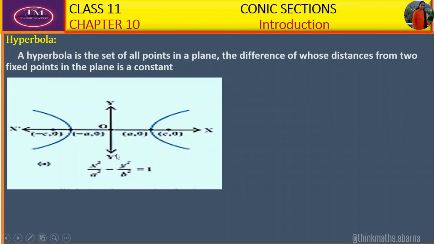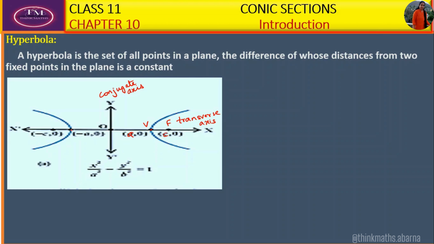In hyperbola, you have the x-axis and y-axis. This x-axis is called the transverse axis, and the y-axis is called the conjugate axis. This point is the vertex a comma 0, and this is the focus at c comma 0, and this is the origin.